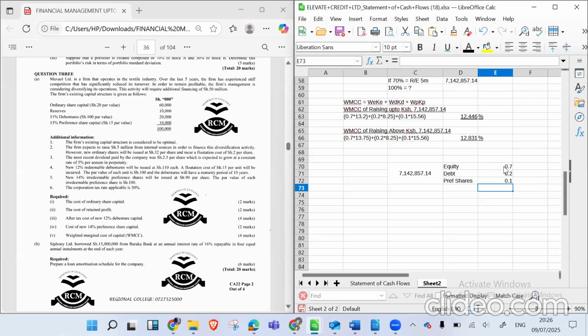Equity must be 70%, debt must be 20%, preference shares must be 10%. Now, in getting a breakpoint, I was to ask myself, this equity which is 70%, I need to utilize the 5 million that is available. And this 5 million is the retained earnings.